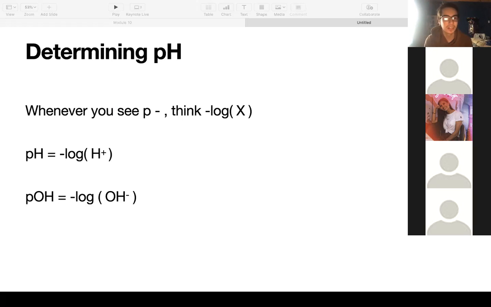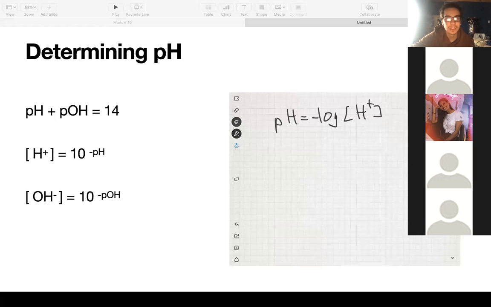Whenever you see pOH, we're talking about the negative log of our hydroxide ions. So yeah, some more equations that it tells us is that pH plus pOH is equal to 14.